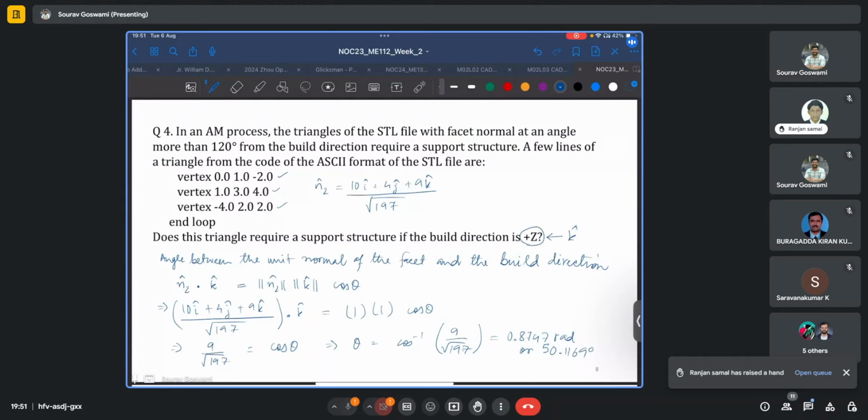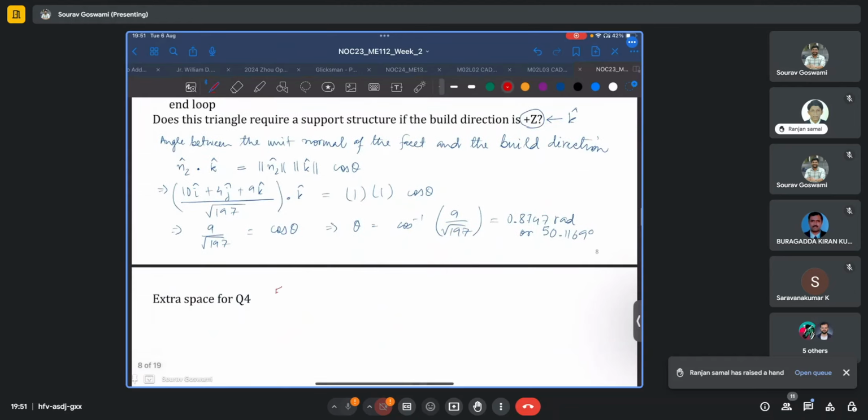And based on this, we can say that 50.1169 degrees is clearly less than 120 degrees. And thus the supports are not needed.